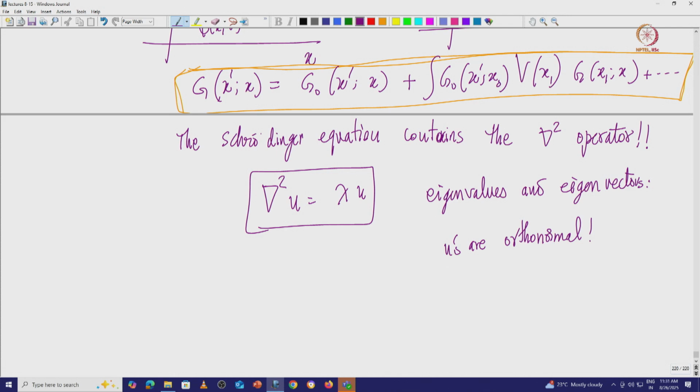Now suppose one has an inhomogeneous differential operator, let us just take any differential equation, in the presence of interactions and everything.